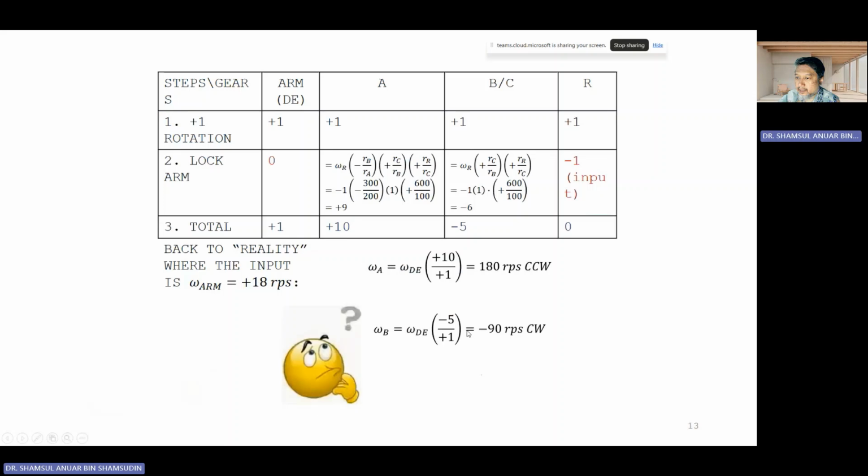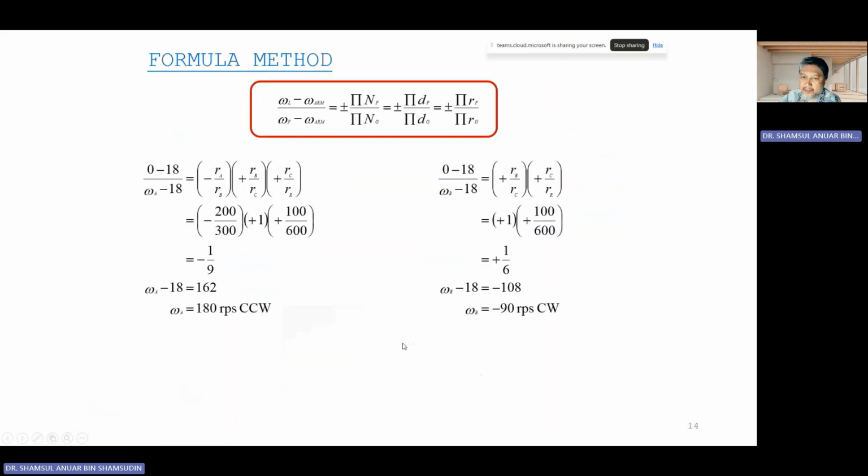So I guess they should agree. Omega A is 180, CCW positive. Omega B is negative 90. So this one will have the same conclusion.